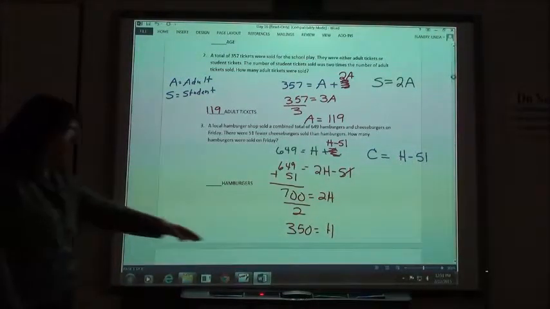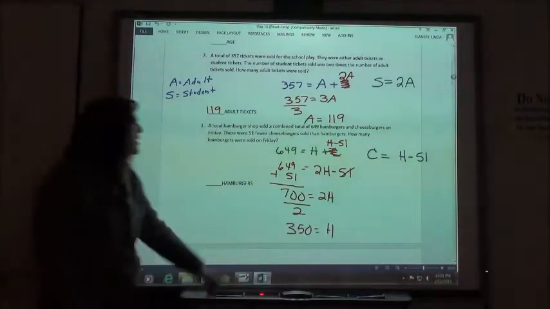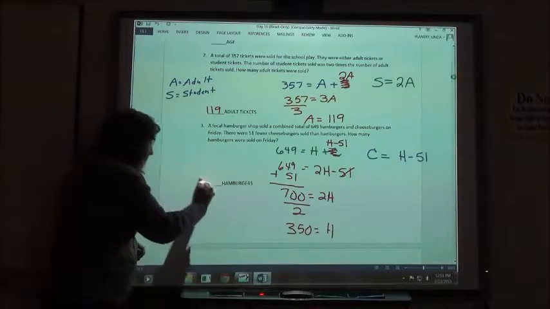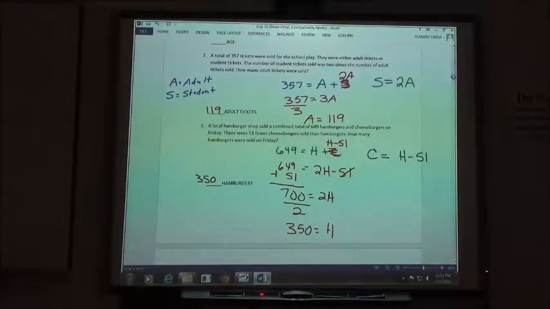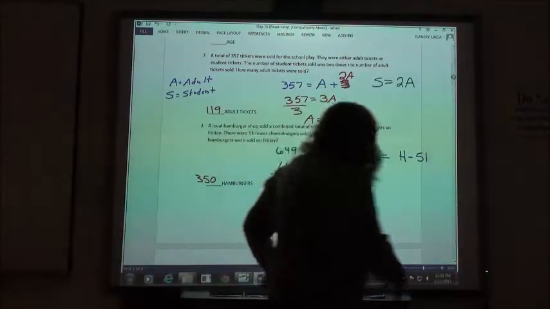So 350 is equal to H. How many hamburgers? That's what we're looking for, right? So notice on all of these ones there was a sum involved, and then we wrote the other one and substituted it in, right? All of them had a plus in the one equation that we plugged into.